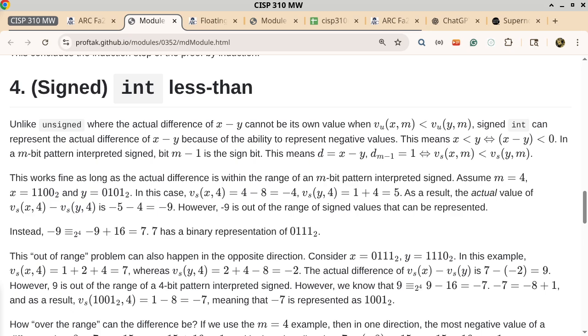But if the difference is less than 0, that means d of m minus 1, also called the sign bit or the most significant bit of d, the difference, has to be a 1, based on what we just talked about, right? So we can just use d of m minus 1, the most significant bit of the difference, to tell whether x is less than y from the signed interpretation.